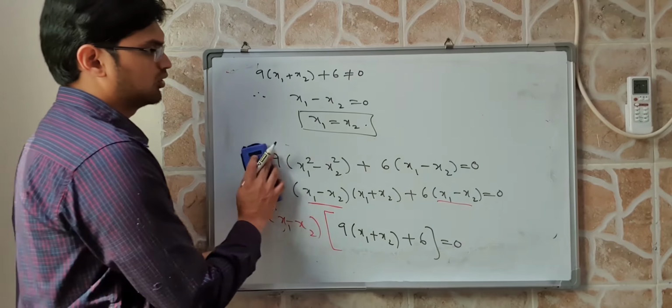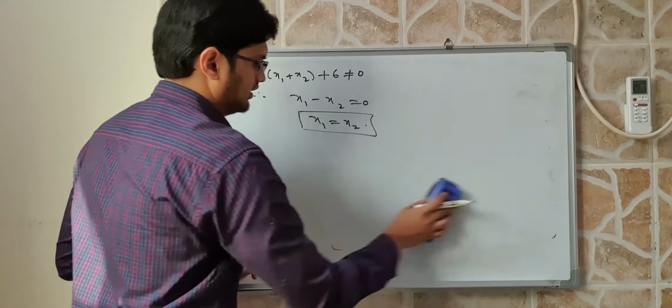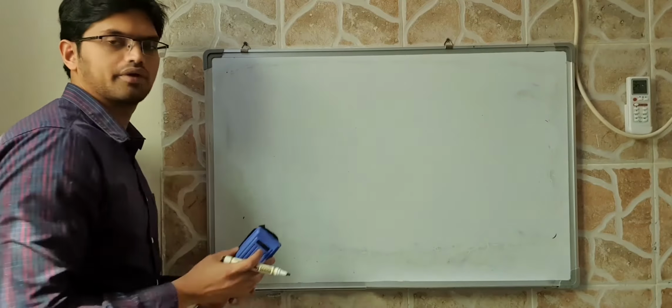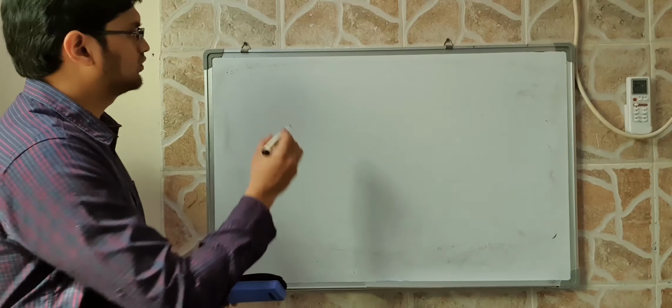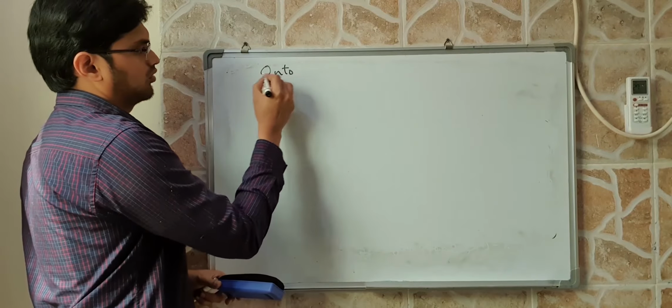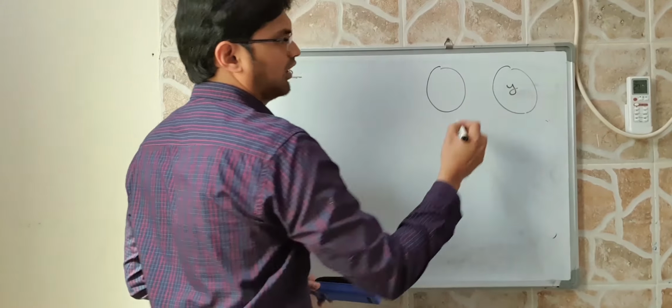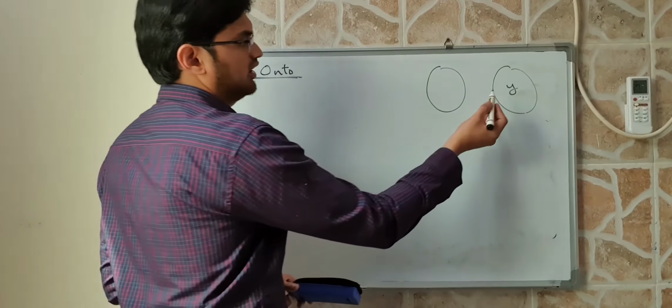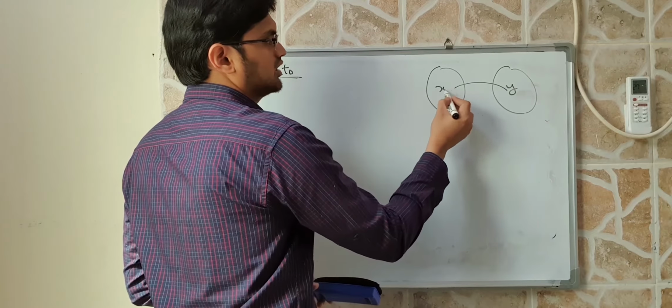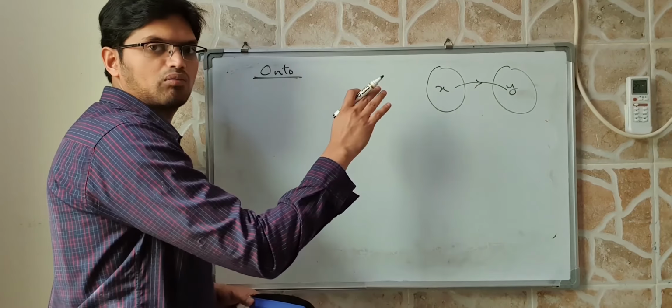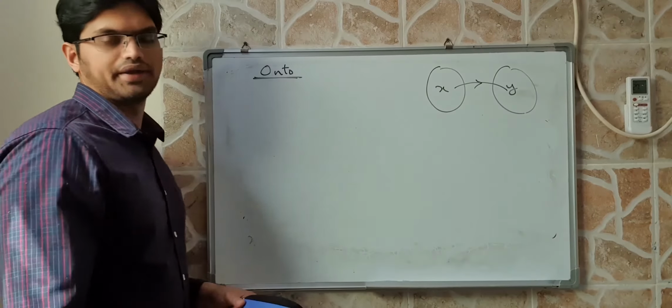Now let us talk about the second thing, onto. To prove f is onto, what we need to do? We need to take an element y from the codomain and we need to check which elements x are mapping to the y.